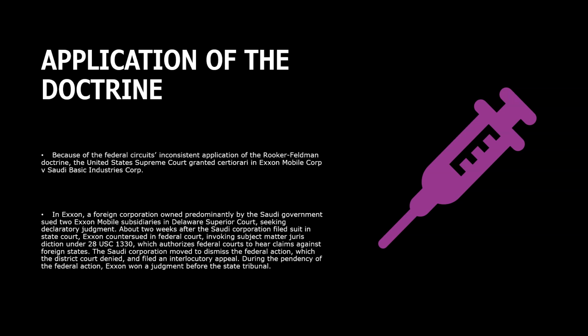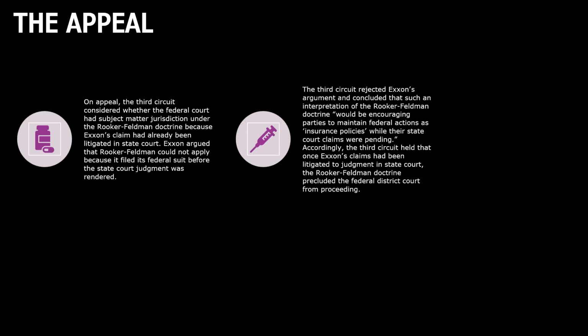About 2 weeks after the Saudi corporation filed suit in state court, Exxon countersued in federal court, invoking subject matter jurisdiction under 28 U.S.C. 1330, which authorizes federal courts to hear claims against foreign states. The Saudi corporation moved to dismiss the federal action, which the district court denied, and filed an interlocutory appeal. During the pendency of the federal action, Exxon won a judgment before the state tribunal.